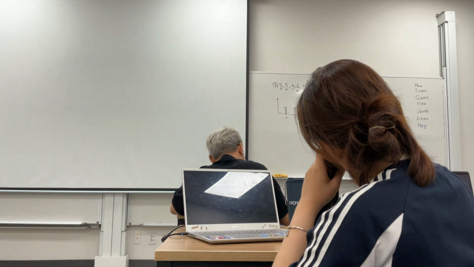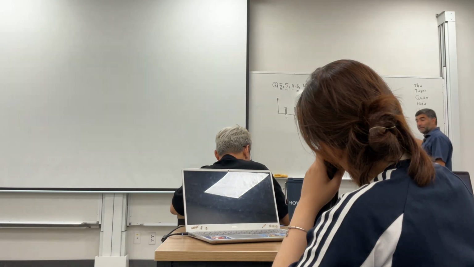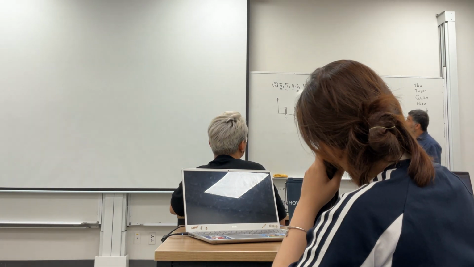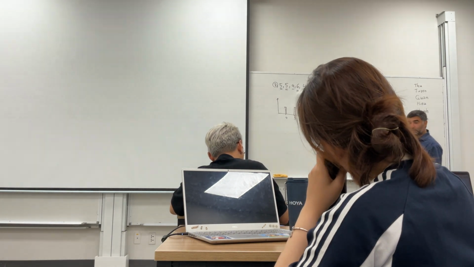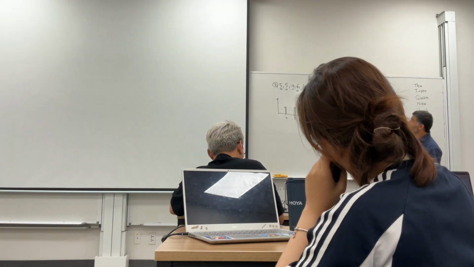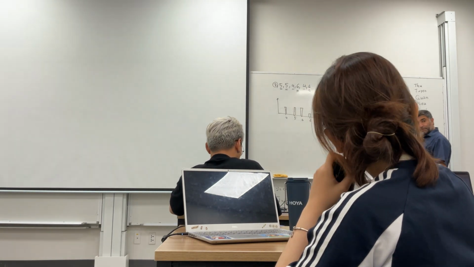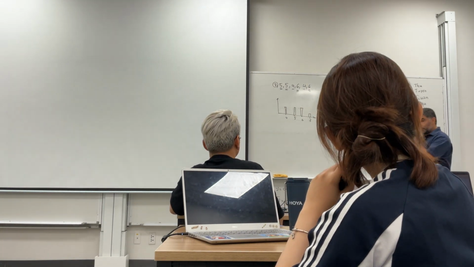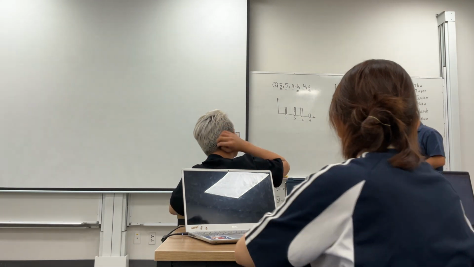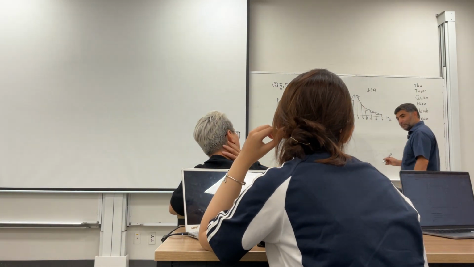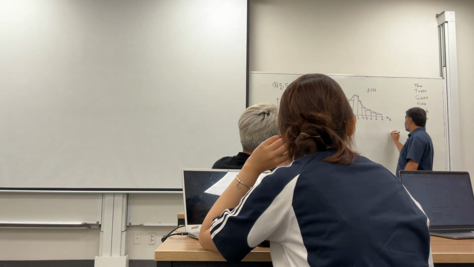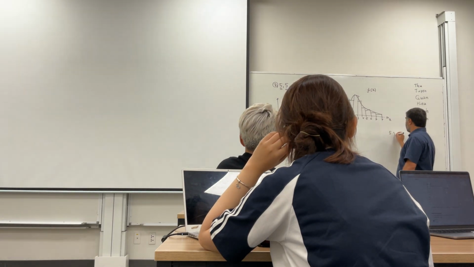Well, let me just give you values. For example, let's say 1, 2, 3, 4, 5, 6, 7, 8. So these are the bin edges that we have. Between 1 and 2 we have some percentage of data. Between 3 and 4 there's some percentage, and so on. Let me give you a number, and you tell me to which bin it belongs. Let's say we have a value of 5.5.